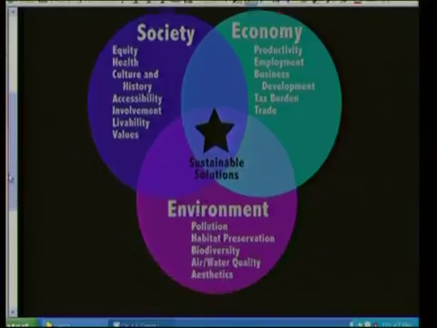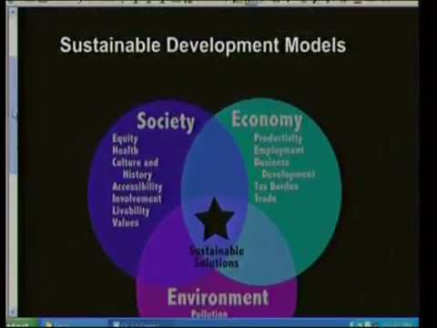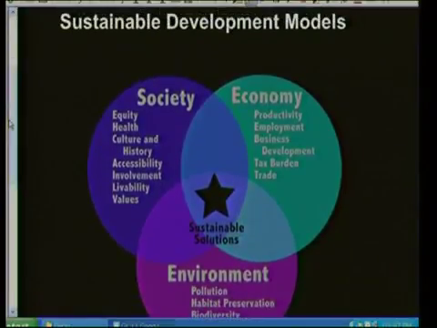All right. The sustainable development models, like I said, these are new, okay? They've been newly introduced, and that is because the world is focusing on sustainable development. If we just look at the model, you can see that the sustainable development model takes into account 3 different areas.